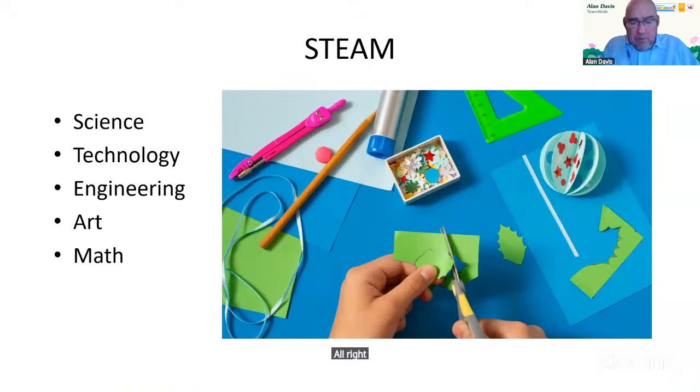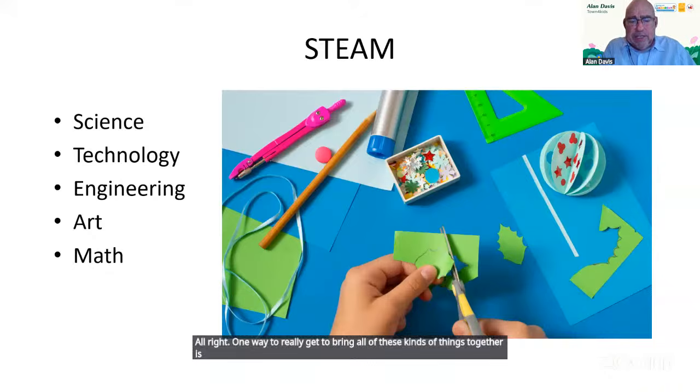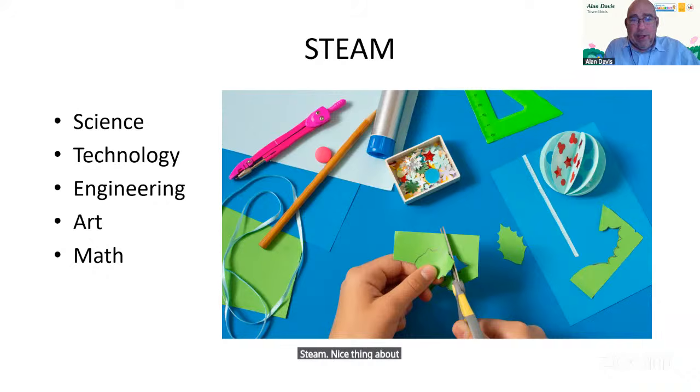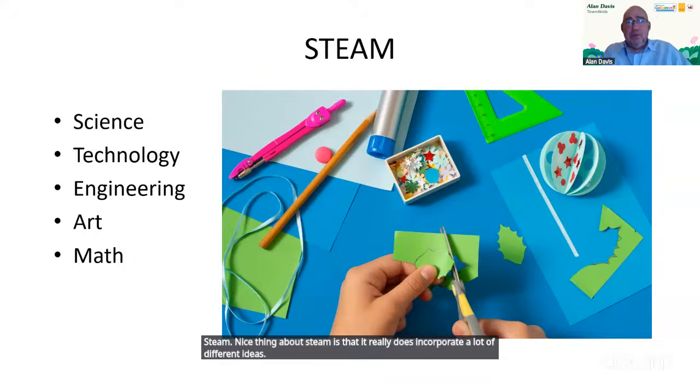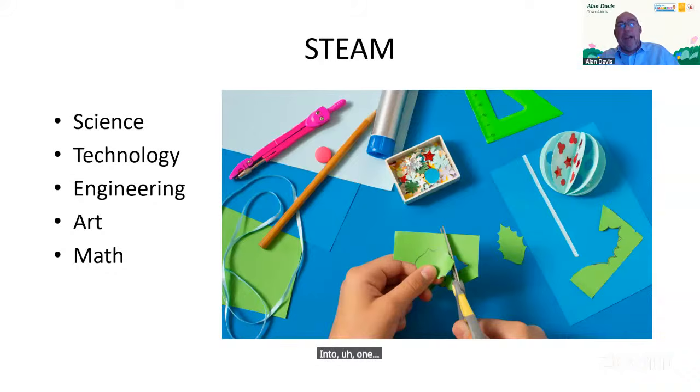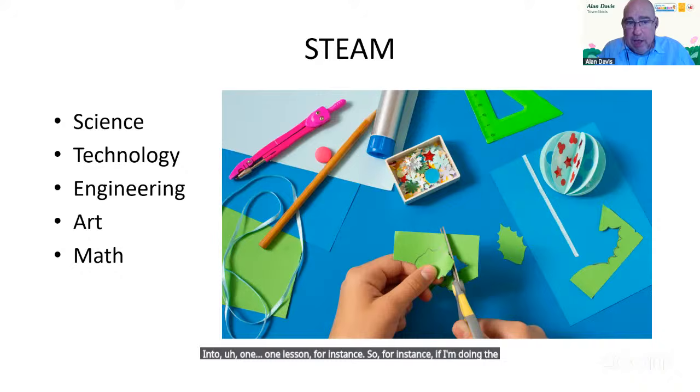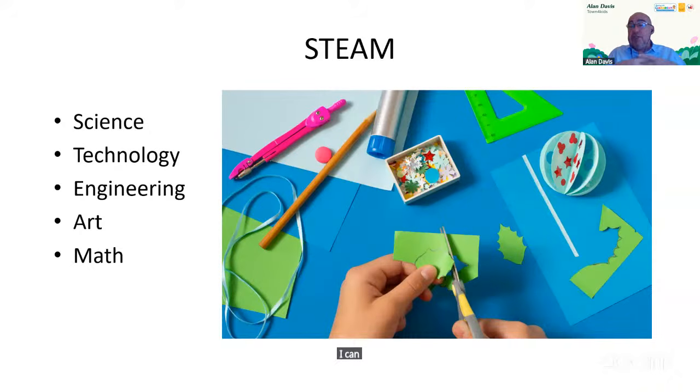One way to bring all of these kinds of things together is by using STEAM activities. I'm sure you've heard the term before. Science, technology, engineering, art, and math all together equal STEAM. The nice thing about STEAM is that it incorporates a lot of different ideas into one lesson. For instance, if I'm doing the shape song, I can do some science, like you said, maybe make a robot with shapes.